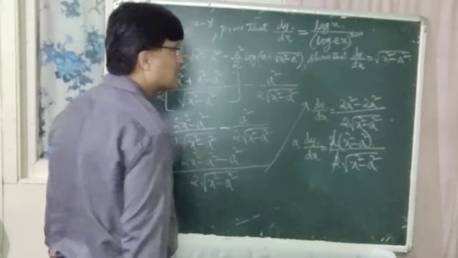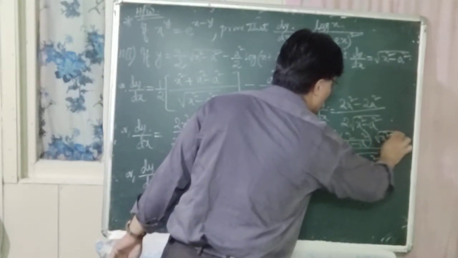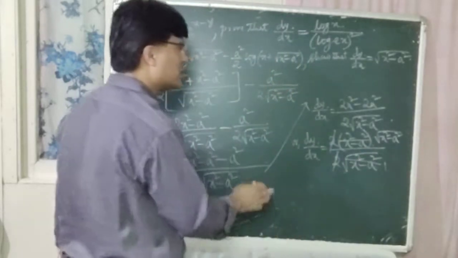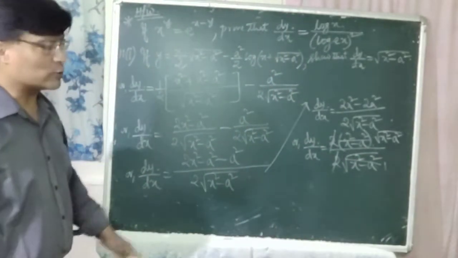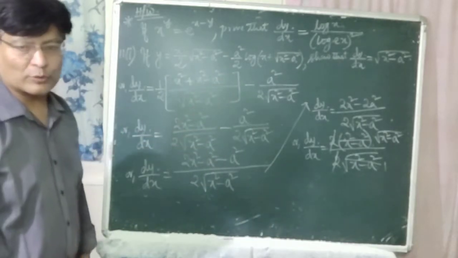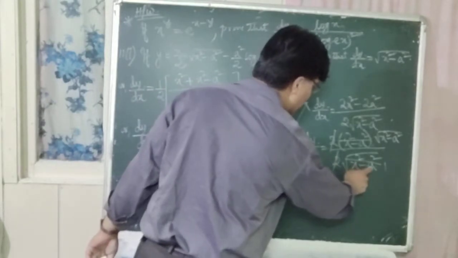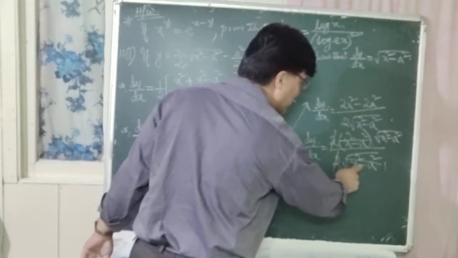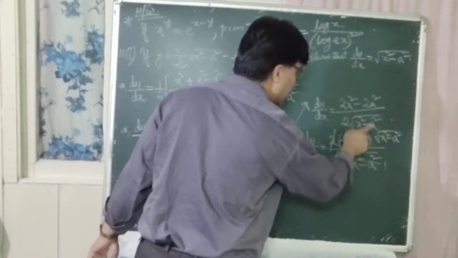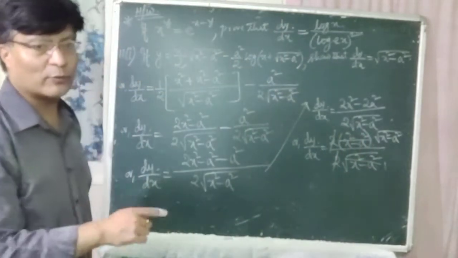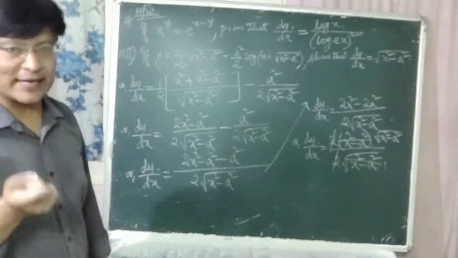So 2 gets cancelled. Now x square minus a square will be cancelled by root over x square minus a square. So it goes how many times? Root over x square minus a square. So root over x square minus a square divided by root over x square minus a square is 1. And x square minus a square can be cancelled by root over x square minus a square, which goes root over x square minus a square times.